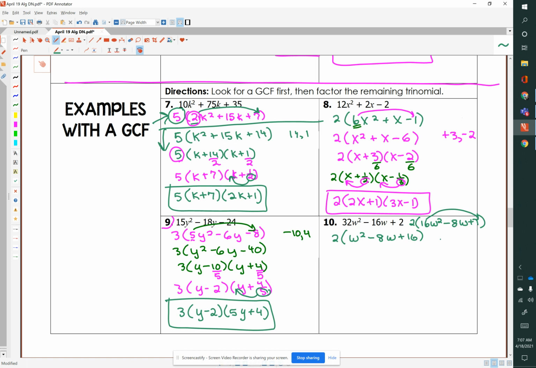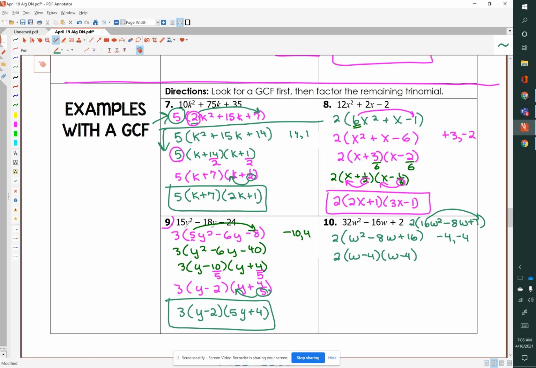So I'm going to need two negative numbers because they need to multiply to positive 16. So negative 4 and negative 4 will add to negative 8 and multiply to positive 16. So w minus 4, w minus 4. I think you see what's going to happen at the end of this problem already.